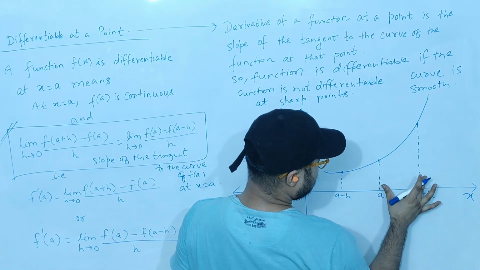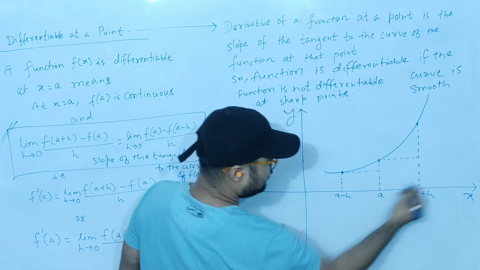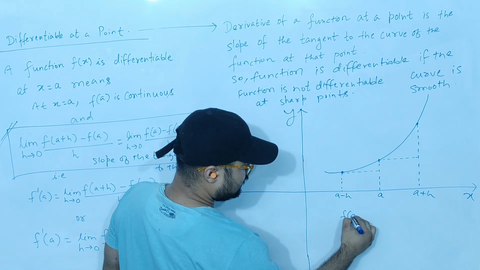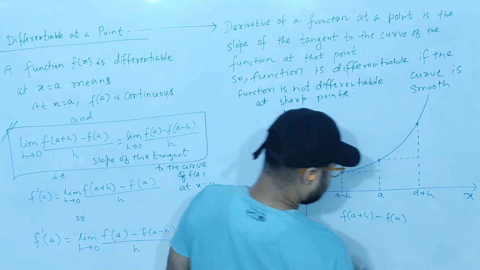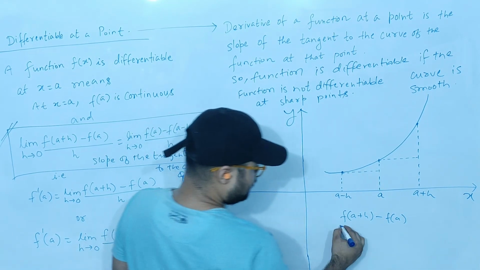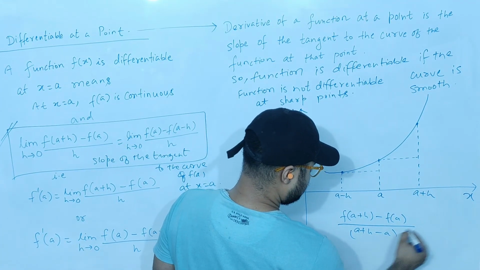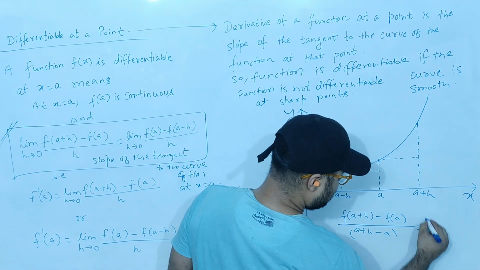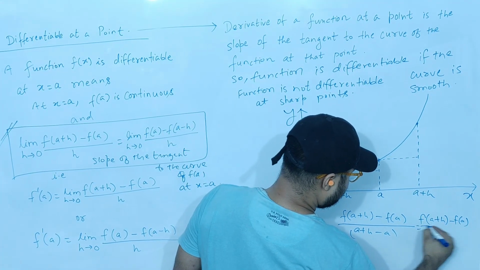What is the rate of change? In this interval, the rate of change is f of a plus h minus f of a, divided by a plus h minus a. This is equal to f of a plus h minus f of a divided by h.